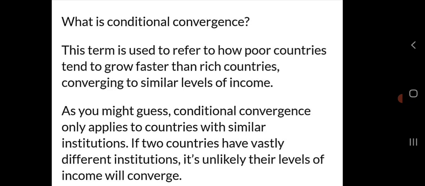That is, the only condition there is not that of limited capital stocks, but that of similar institutions. To get the same advancement as the developed countries, the lower capital country should have similar institutions as that of the developed country. Only then will they achieve this growth rapidly. Okay, so this particular concept comes under the term conditional convergence. So this is an important concept to understand the Solow model.